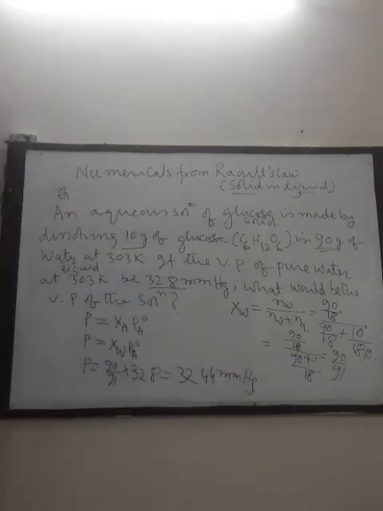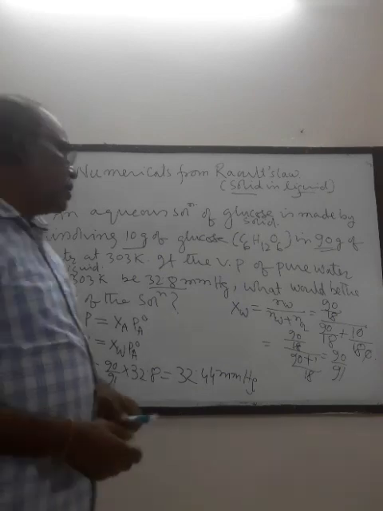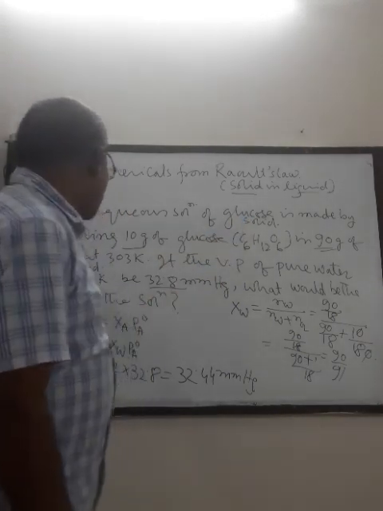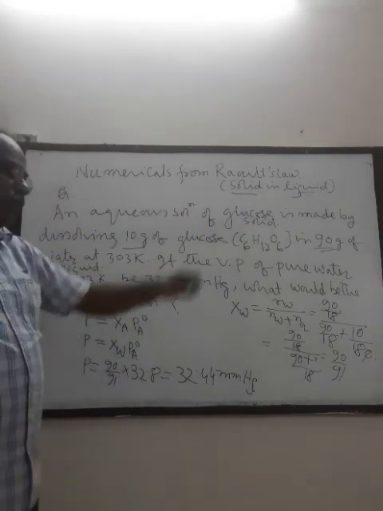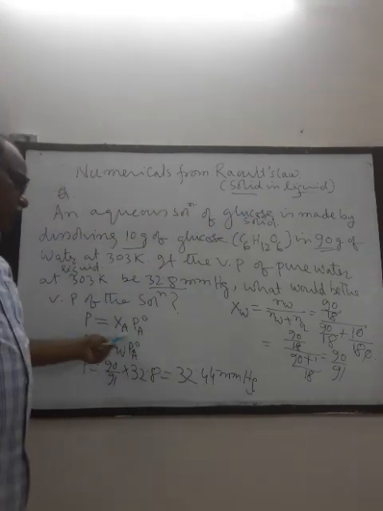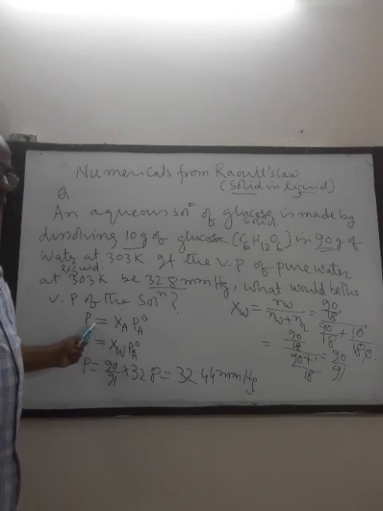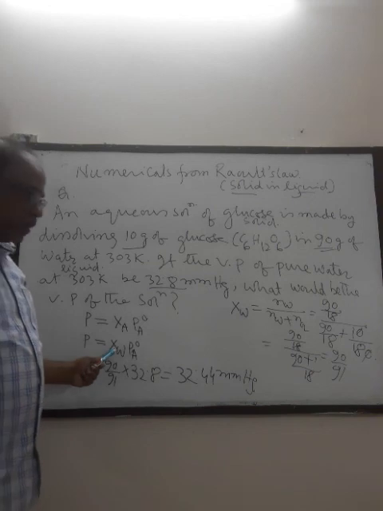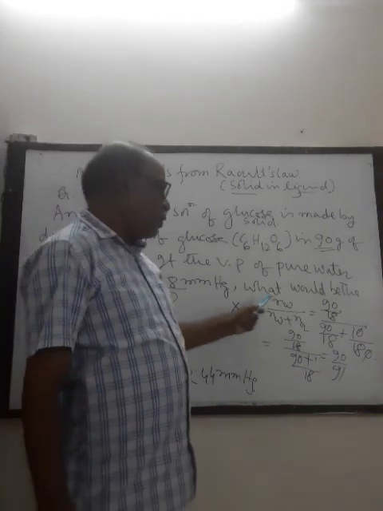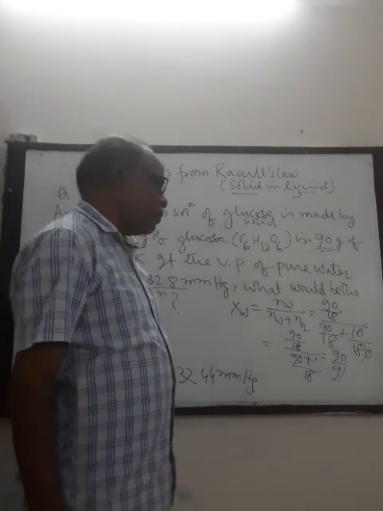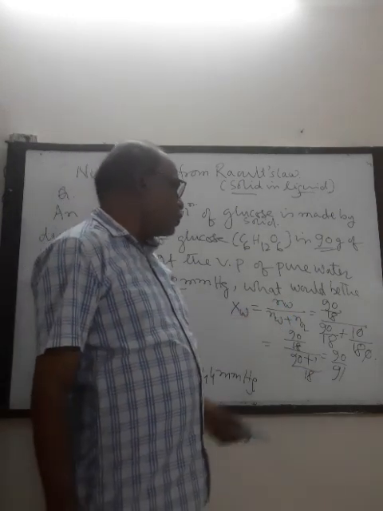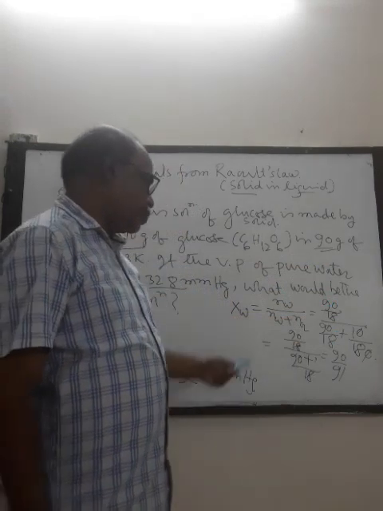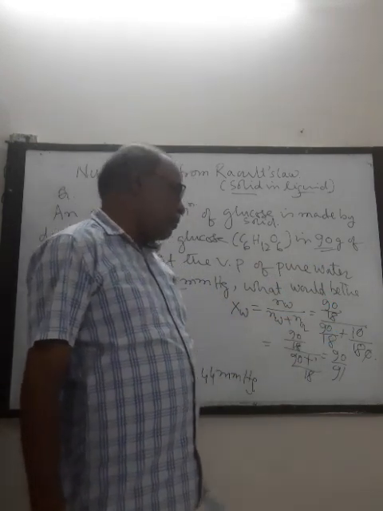So again here, glucose in water. Glucose is solid, water is liquid. So this is a case of solid in liquid. So here we use this relation, Raoult's law second form. Now we require the mole fraction of water, which is the number of moles of water divided by the total number of moles. The mass of water is 90, the molar mass of water is 18, so the number of moles of water is 90 by 18.